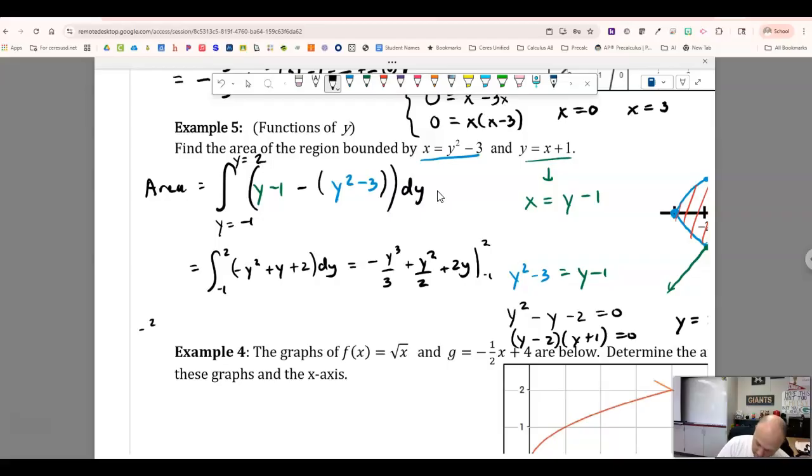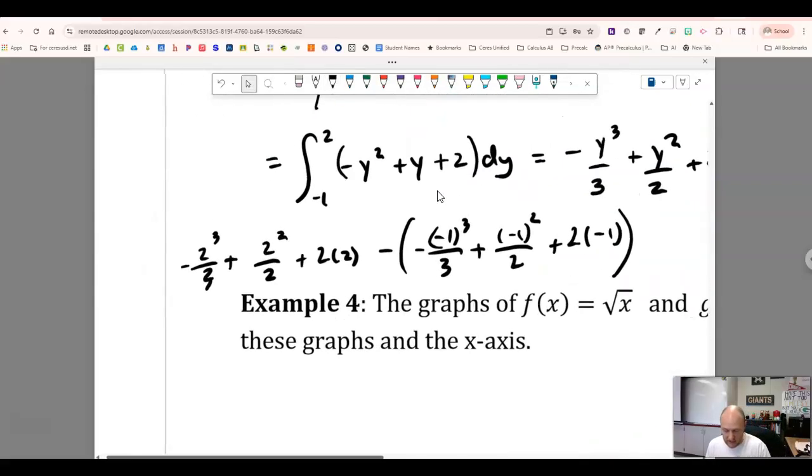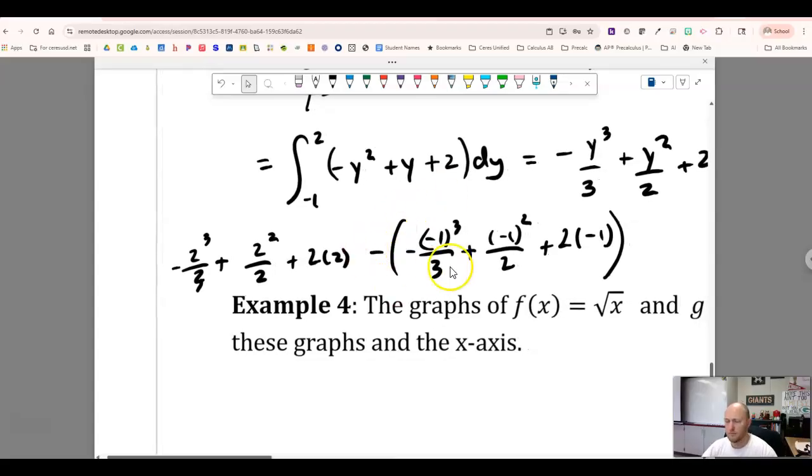So 2 cubed divided by 3 plus 2 squared divided by 2 plus 2 times 2, minus, and I'll put all of this in parentheses here, -1 cubed over 3 plus -1 squared over 2 plus 2 times -1. Okay, and there is your area for that value.